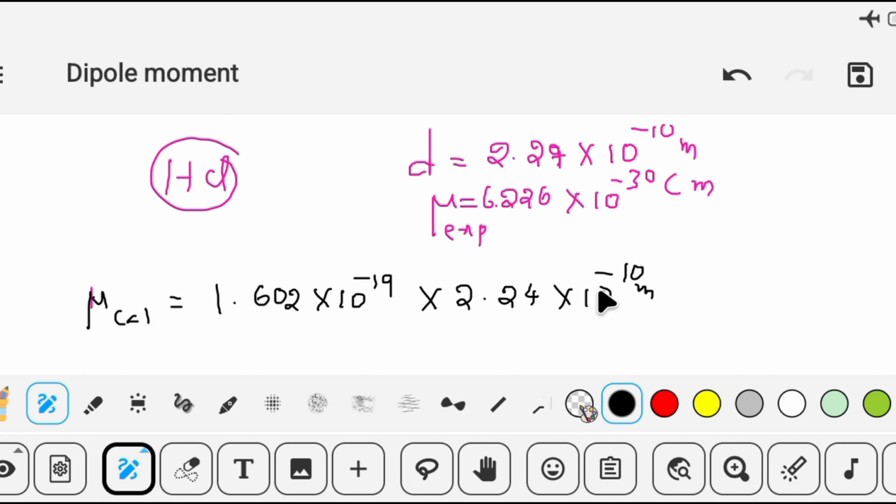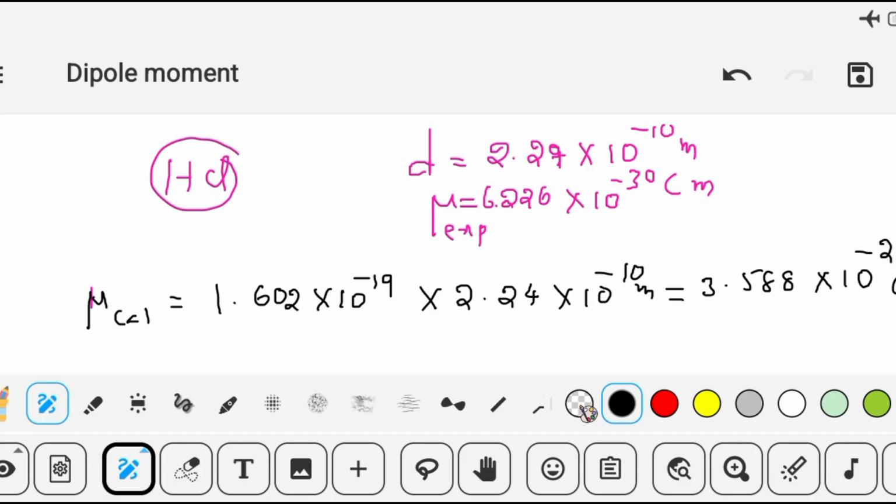Then you will get an answer, the product of these. You can check it, 1.602 into 2.24, you get 3.588 into 10 power minus 29 coulomb meter.